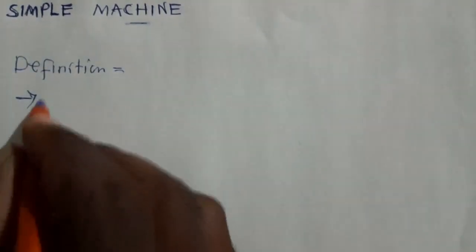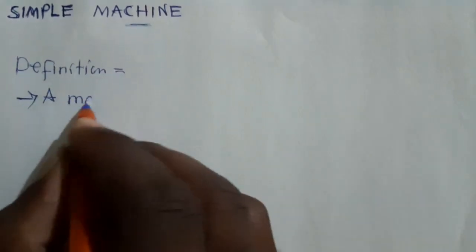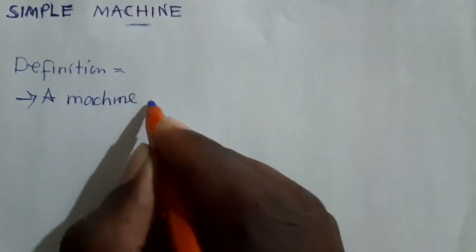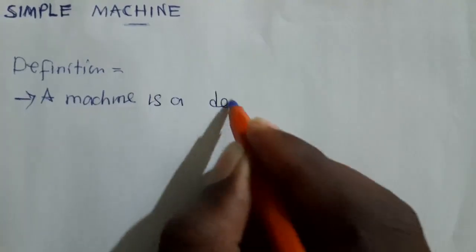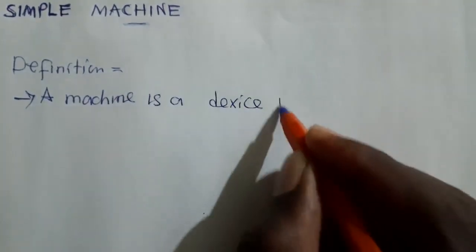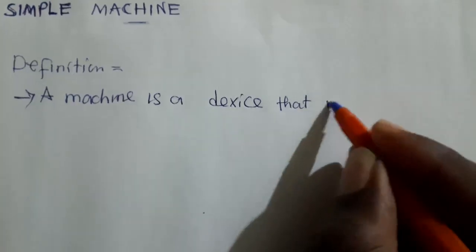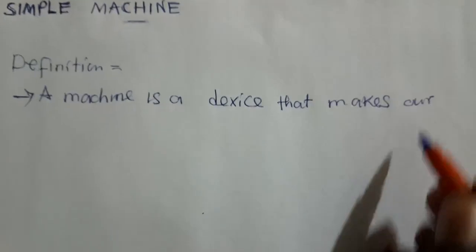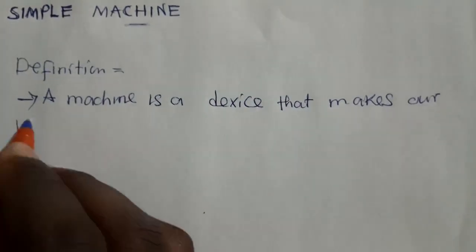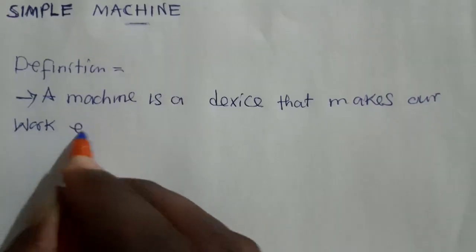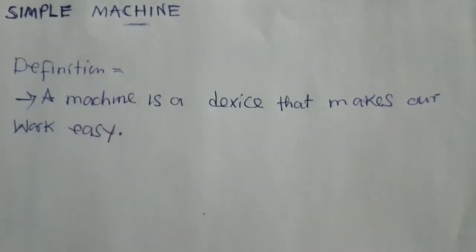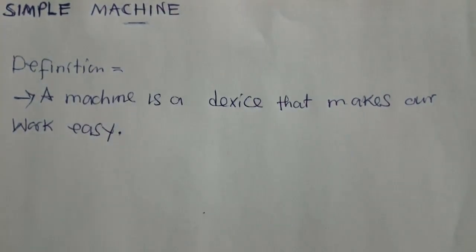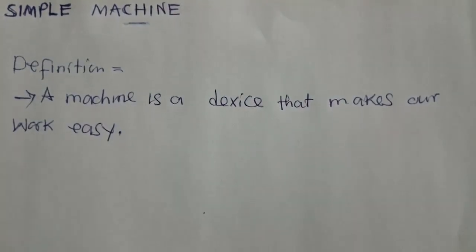A machine is a device that makes our work easy. This is one of the definitions that you need to know and understand.